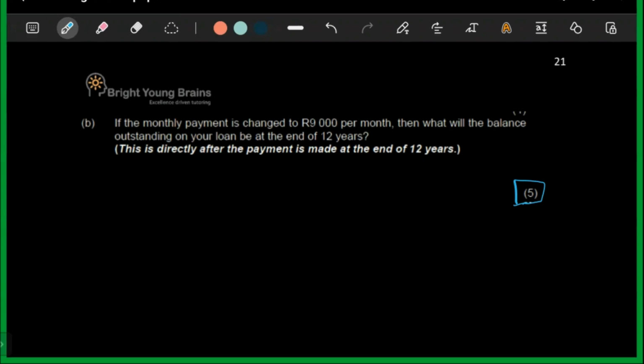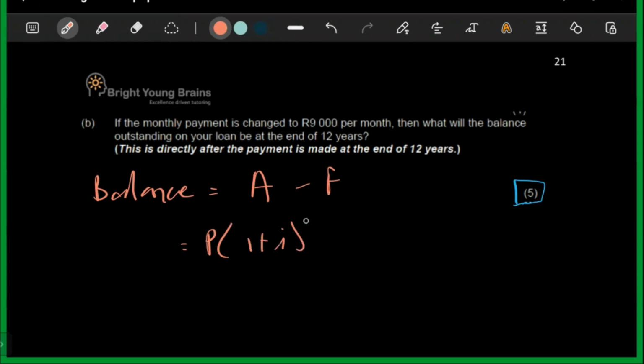The outstanding balance formula is pretty straightforward, because it makes use of two separate formulas. It uses the future value annuities formula, and it also uses the compound interest formula. That's how you get the balance on a loan after a specific number of months. So your balance is always A minus F. A being the compound interest formula, so it's P(1 plus i) to the power of n.